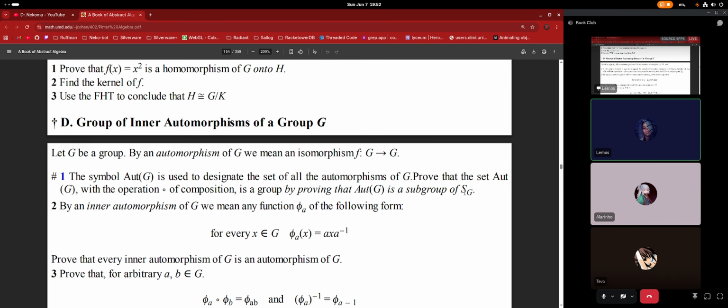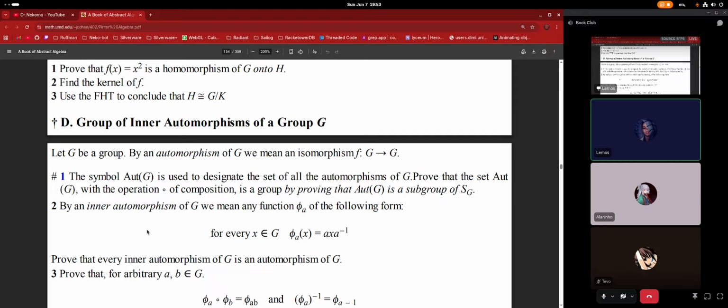Yeah, there it is. Okay, this is pretty straightforward, right? If you use composition as the operation, you're going to be able to prove that it's a subgroup anyway. Intuitively, you can think that the automorphisms of G are all of the permutations of G that happen to preserve the algebraic properties of the operator. Yep, pretty much.